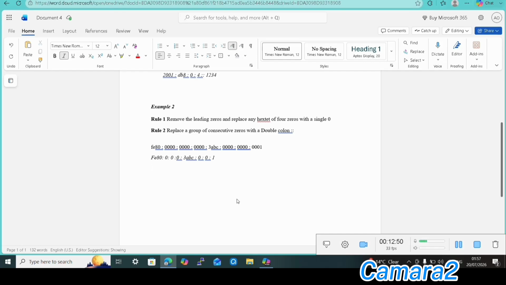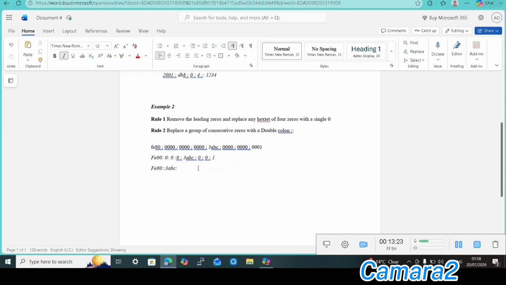So in doing that, we go by FE80 colon. Then these three consecutive zeros, we replace them with another colon. Then you have 3ABC. Another colon. Then these zeros, you will write them.